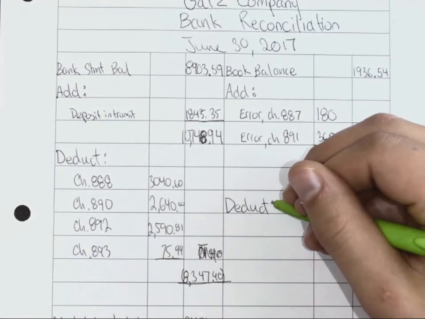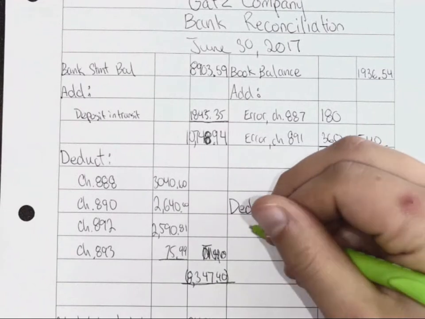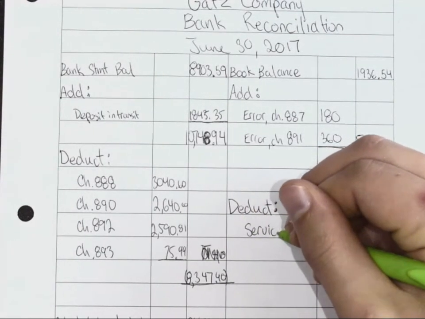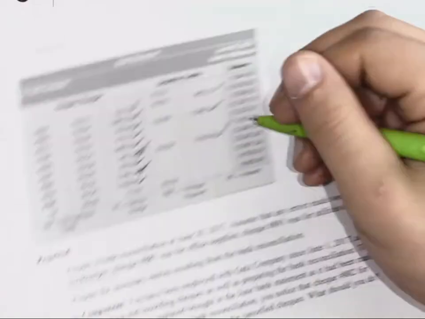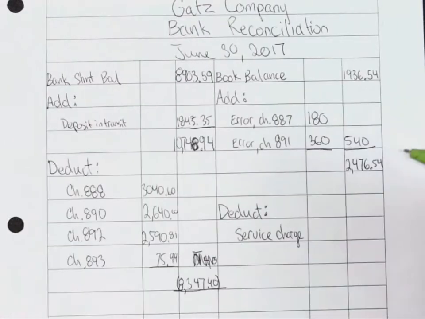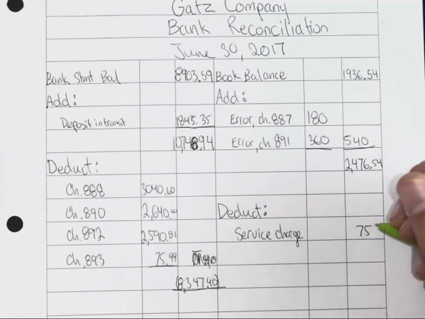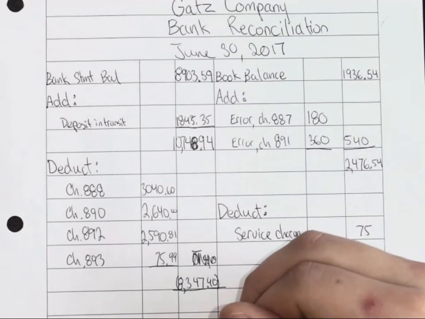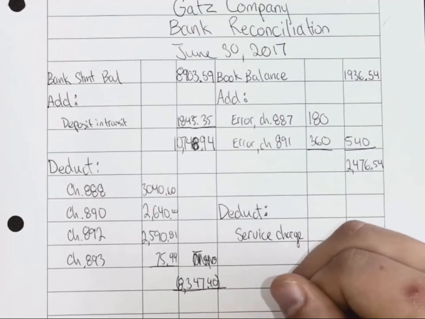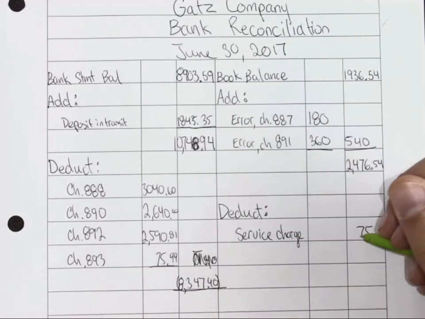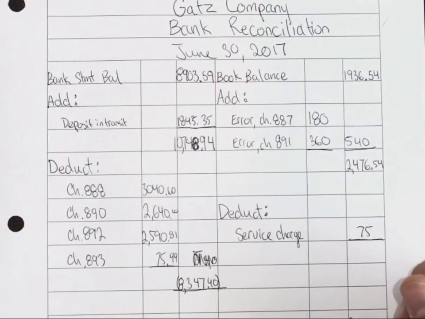We need to deduct from our book balance because we haven't accounted for it. And we can just write service charge. It's the only item. We can cross it off, $75. And 75. And we get an adjusted bank balance of 2401.54.